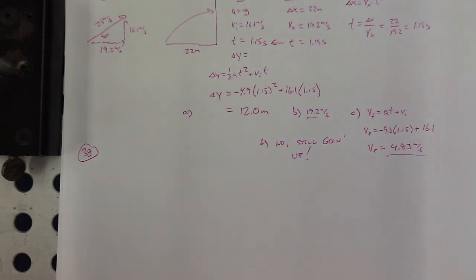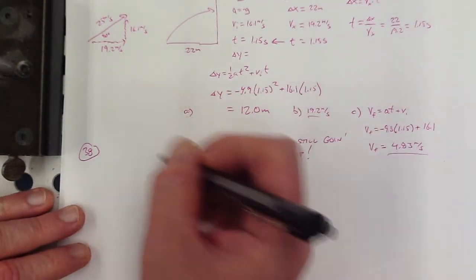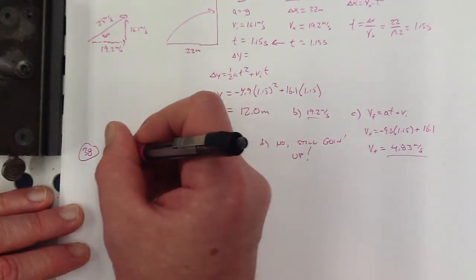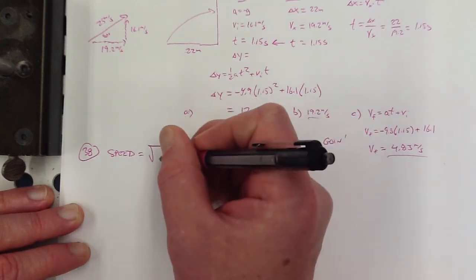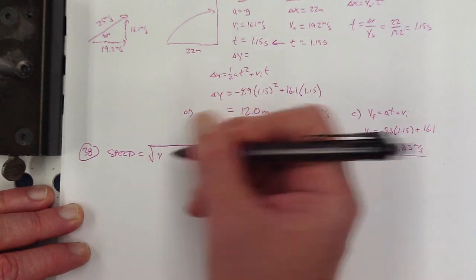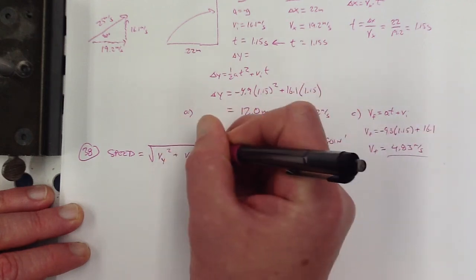A golf ball is struck at ground level. The speed of the golf ball is a function of time. The speed of it is given in this graph. Now remember, the speed is the Pythagorized horizontal and vertical, Vy squared plus Vx squared.